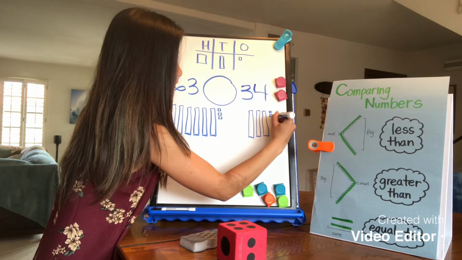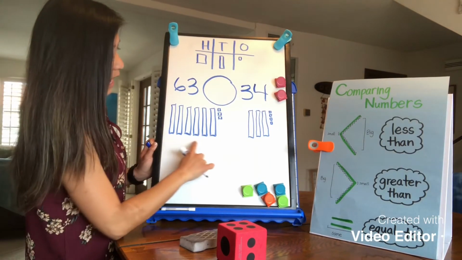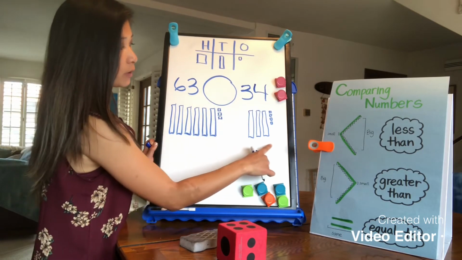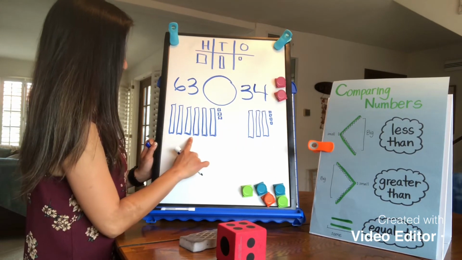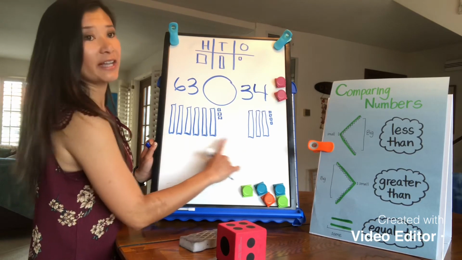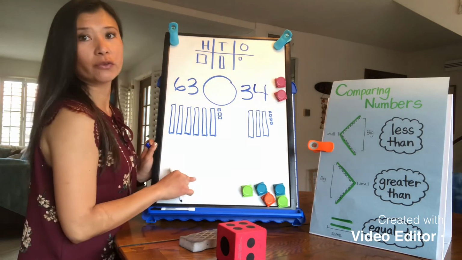1, 2, 3, 4. So I know that 63 is greater than 34 because 63 has 6 longs or 6 tens, and 34 only has 3 longs or 3 tens.